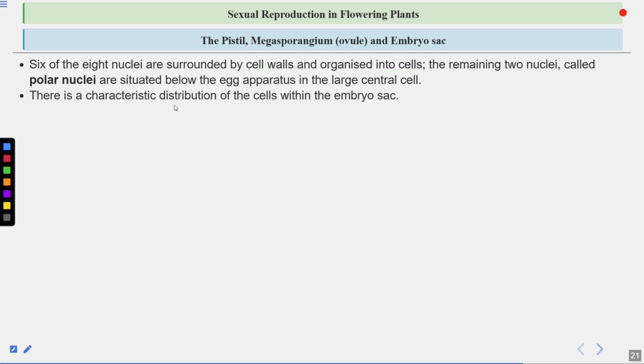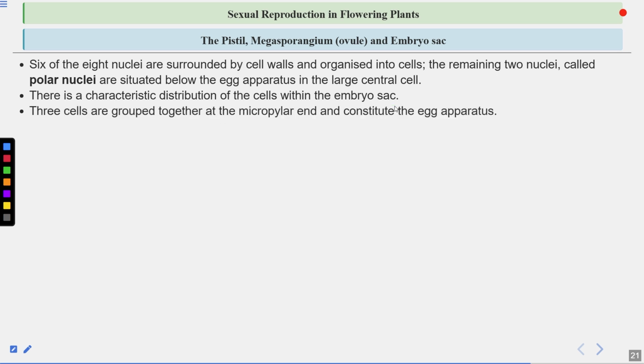There is a characteristic distribution of the cells within the embryo sac. 3 cells are grouped together at the micropylar end and constitute the egg apparatus. The egg and the 2 surrounding synergid cells are called the egg apparatus. Very important point: sometimes it can be asked, what do you understand by the egg apparatus?